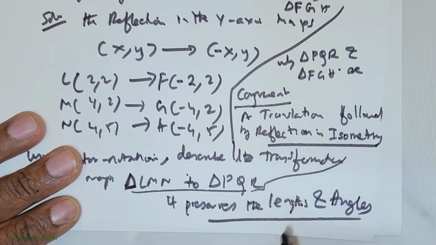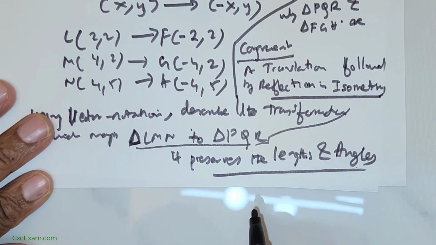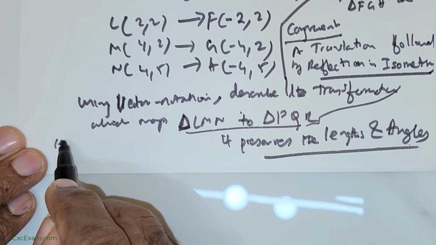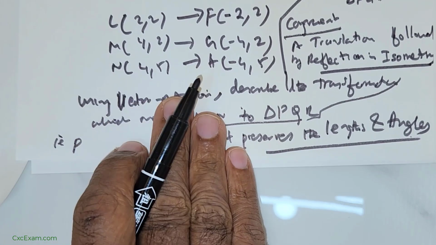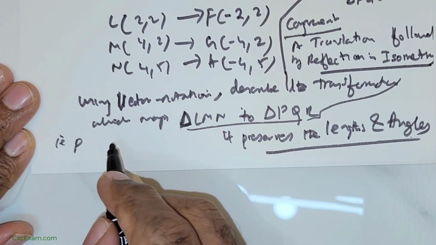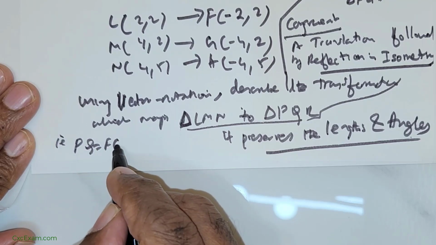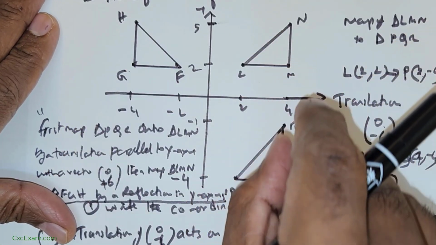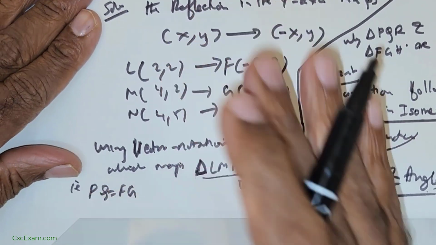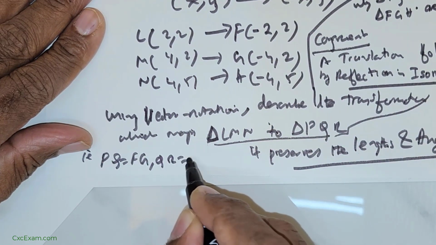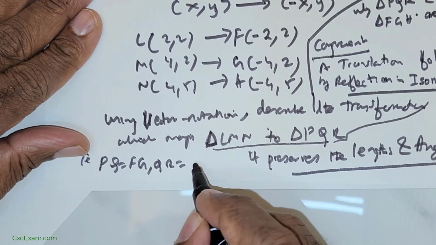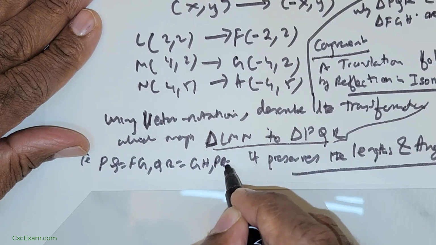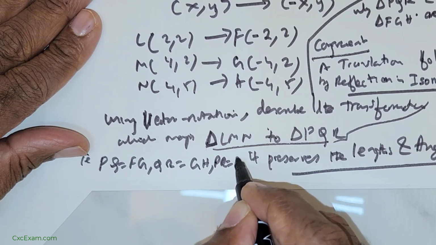Okay, so why are they congruent? Because the angles and lengths are the same. Okay, so if you want, you can state it like this. Okay, that is, I'm writing here, PQ is equal to FG, and then QR is equal to GH, and then PR is equal to FH.